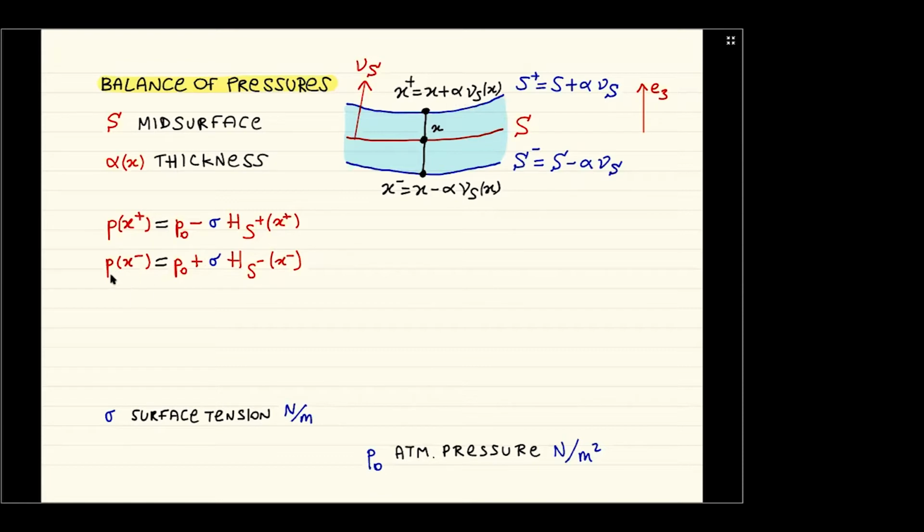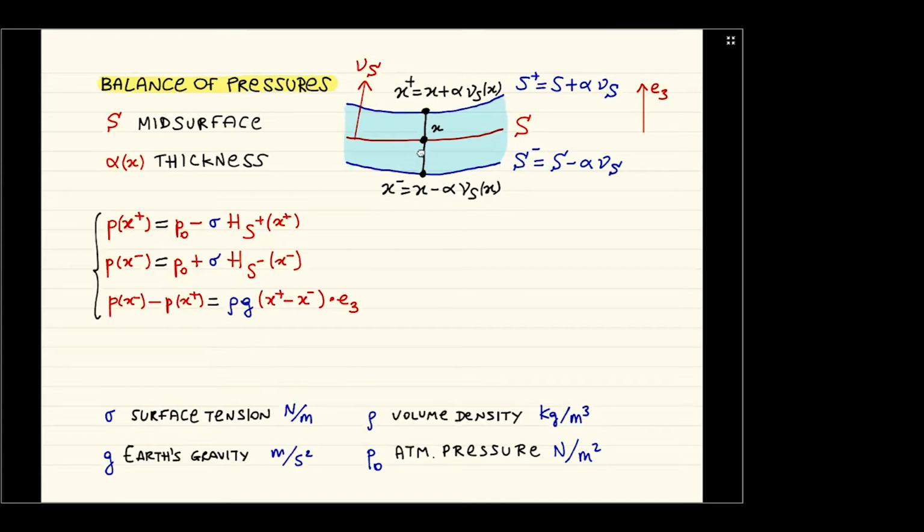And same thing for the pressure at x minus. You have to keep track of the signs, of course. There is an important constant here, the surface tension, because the mean curvature has the dimensions of 1/meters, so you need some normalization. These are pressures, so newtons over meter squared, so you get the surface tension that has the units of newtons over meters.